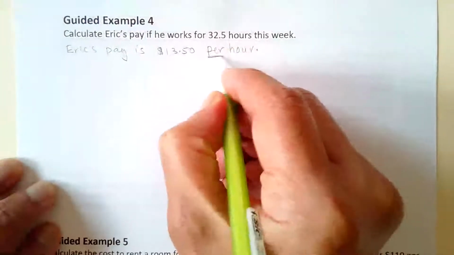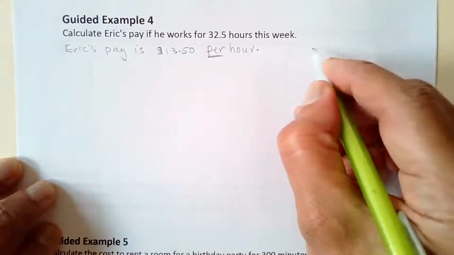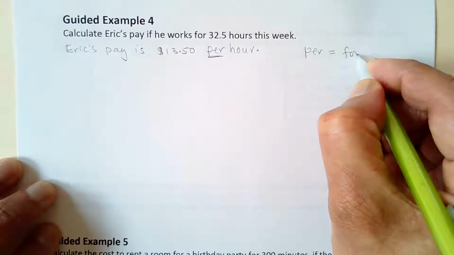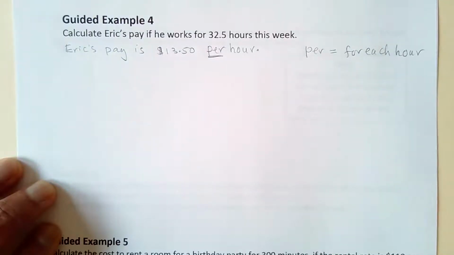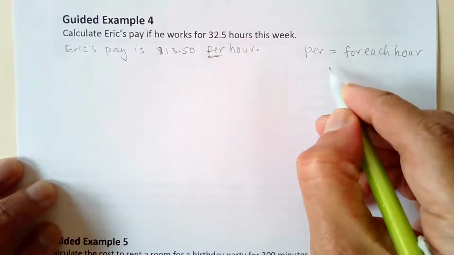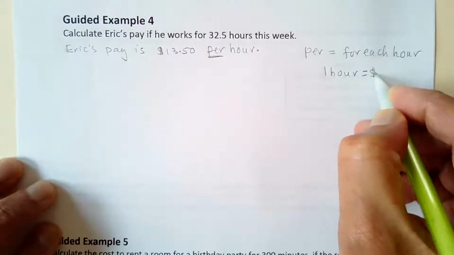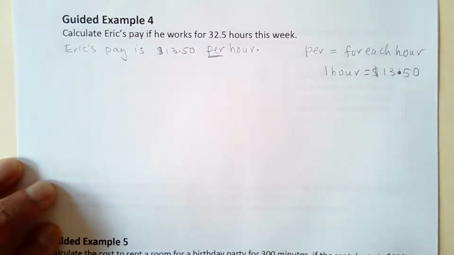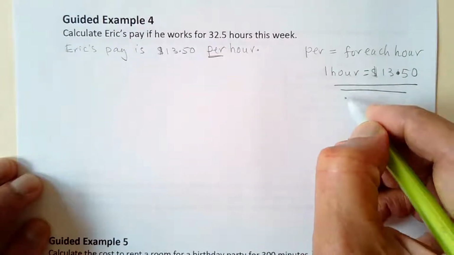The word per means for each hour. So for every hour, he gets $13.50. So we can conclude that 1 hour, he gets $13.50. So this is the conversion factor.